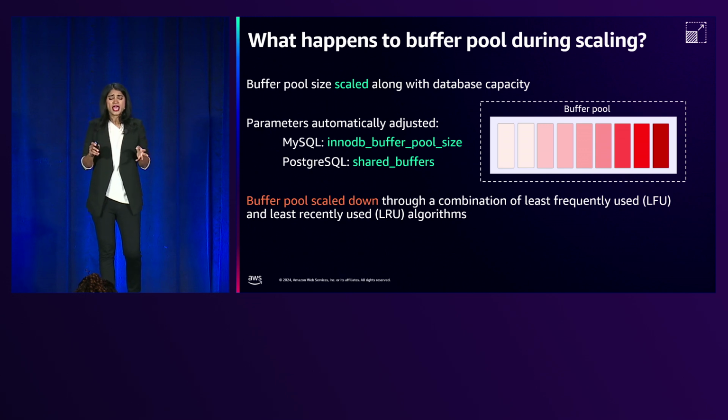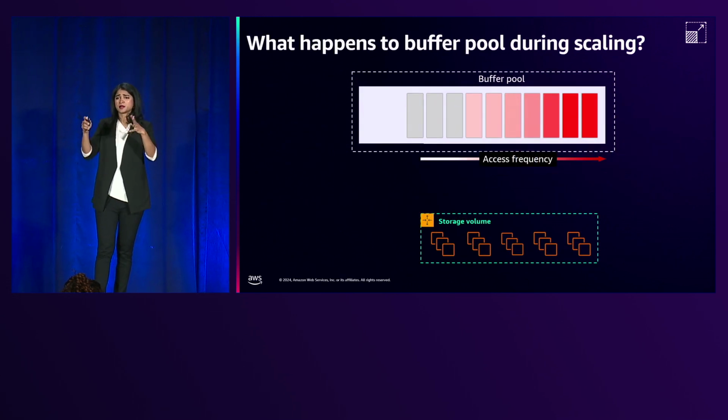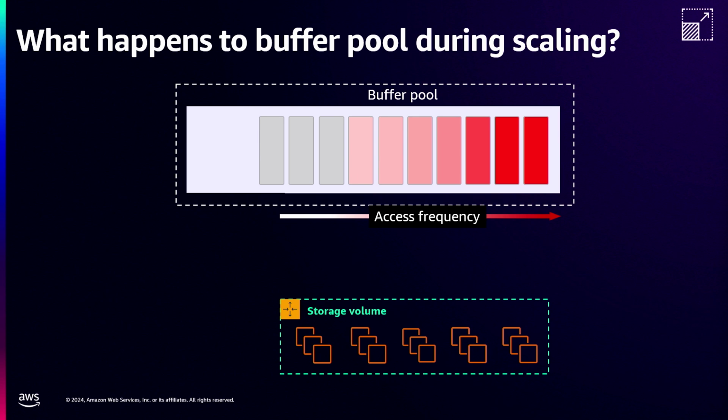I'm going to show you a quick animation just to help you understand how all of this happens. As pages are read from the buffer pool, they become hotter and hotter. So these are the pages that are least likely to be evicted from the buffer pool. Now, in the scenario where you get more pages read from the storage layer, you don't know the future access pattern right now, so we don't want these pages to be evicted.